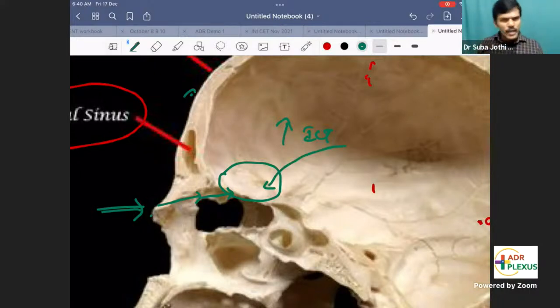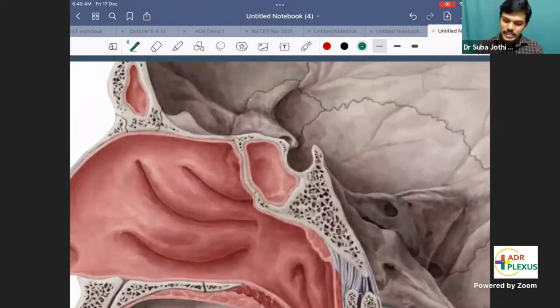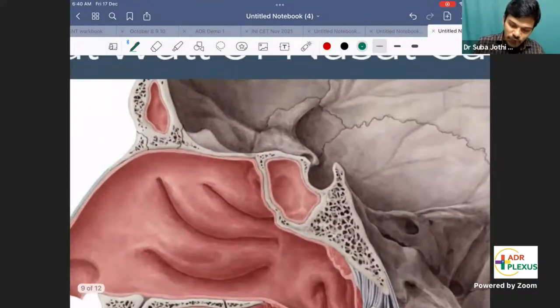So we have understood how CSF rhinorrhea can come through the skull base: frontal sinus, ethmoid sinus, and sphenoid sinus. Now we can look here very clearly. See, this is our frontal sinus, posteriorly related. This is our ethmoid sinus, roof related. You may ask, is the ethmoid sinus related posteriorly? No. The posterior end of the ethmoid leads into the sphenoid sinus.